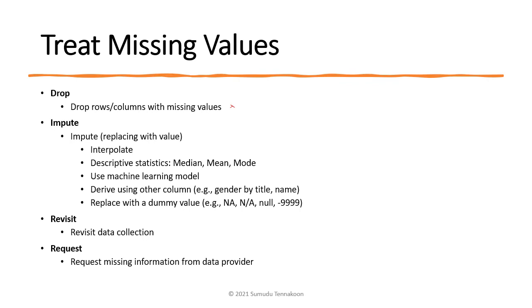But in machine learning, we have to decide what to do with the missing values. Sometimes we can get away with dropping rows with missing values. If you have a row with a missing value out of 1,000 rows, it's a very small fraction, so we can simply drop that row. If you have 500 rows with missing age, right?